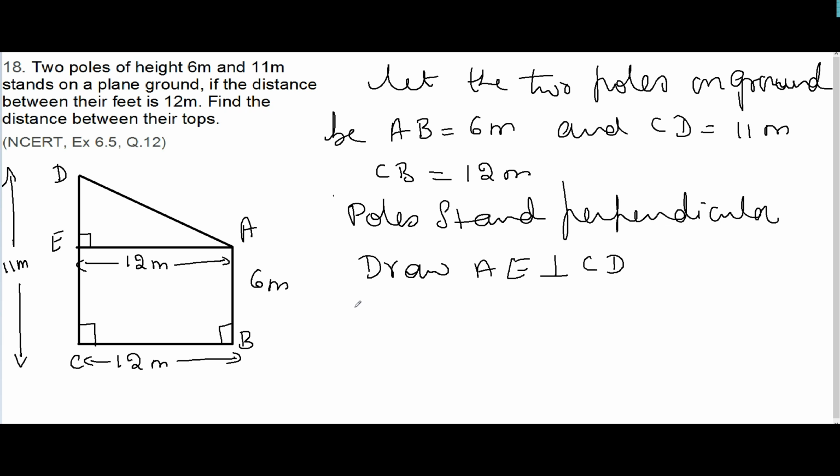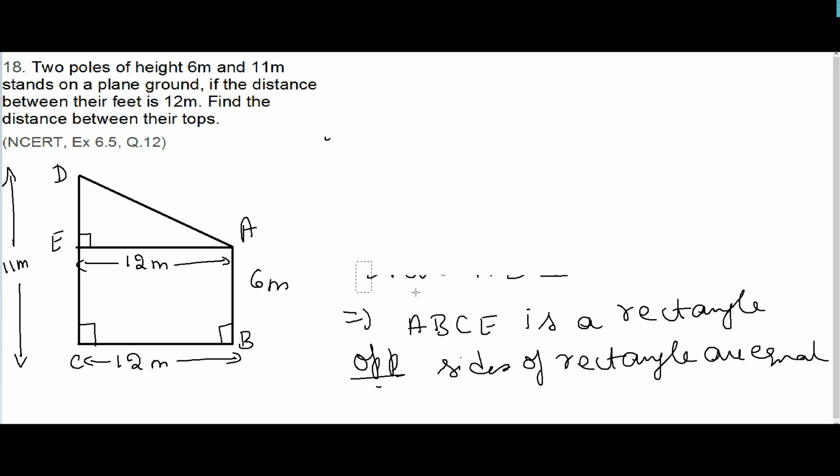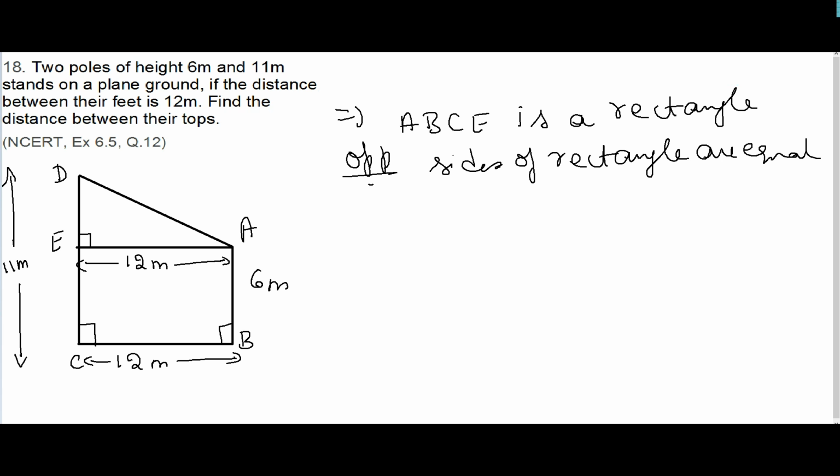Poles stand perpendicular and this is perpendicular, which implies ABCE is a rectangle. And we know that opposite sides of a rectangle are equal. This is important. Don't skip this. It may be for a 3 marker. Don't skip this statement because we have to show why it is a rectangle. So next, opposite sides are equal.